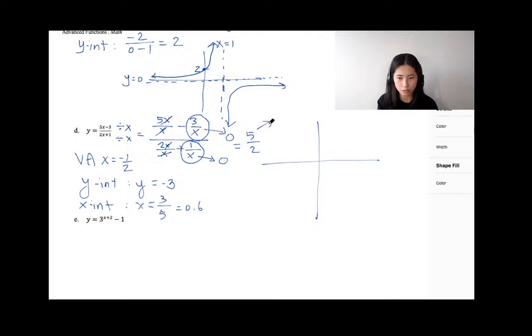Vertical asymptote is... Oh, and make sure this is your horizontal asymptote, which is 5 divided by 2, and that's equal to 2.5. So y is equal to 5 over 2. That's our horizontal asymptote. Vertical asymptote is negative 1/2, so that's going to go right here.